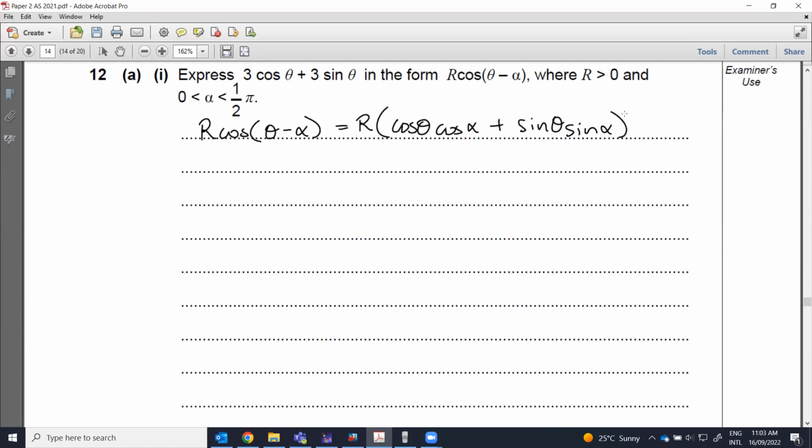So this is the definition, and we want to show that it is equal to 3 cos theta plus 3 sine theta.